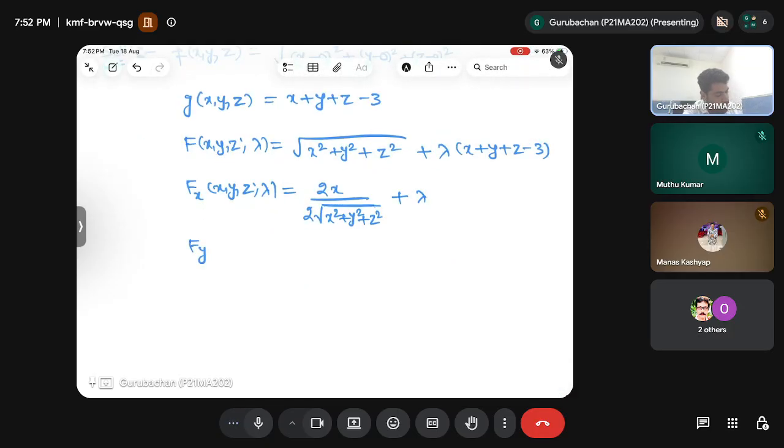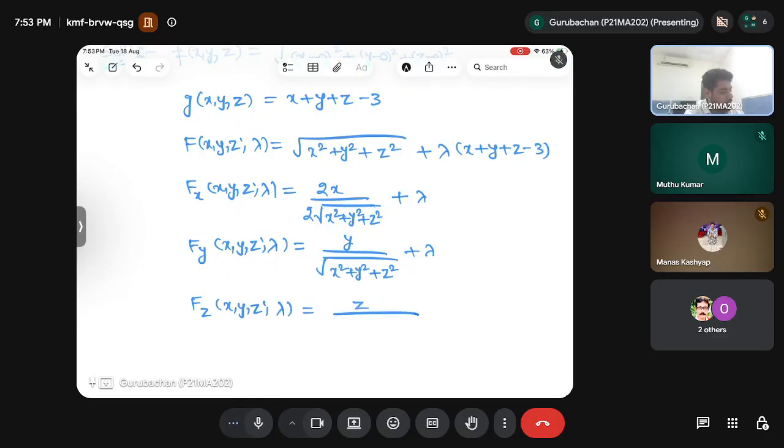Similarly, f_y(x, y, z, lambda) will be y by the same root, plus lambda. f_z(x, y, z, lambda) will be z by the same root, plus lambda.